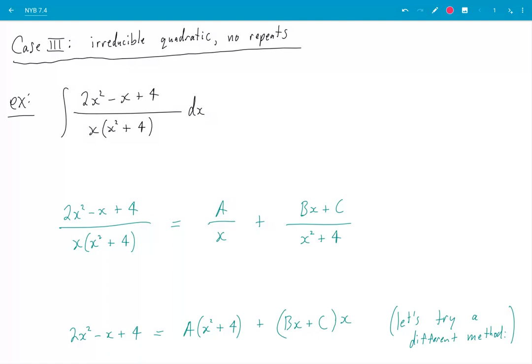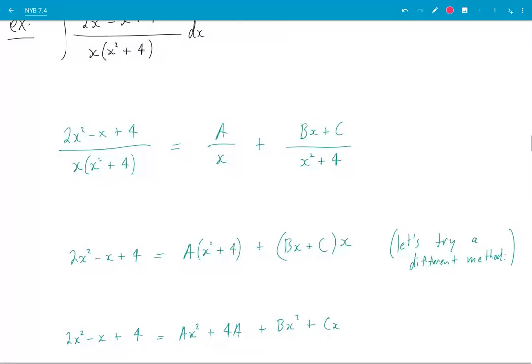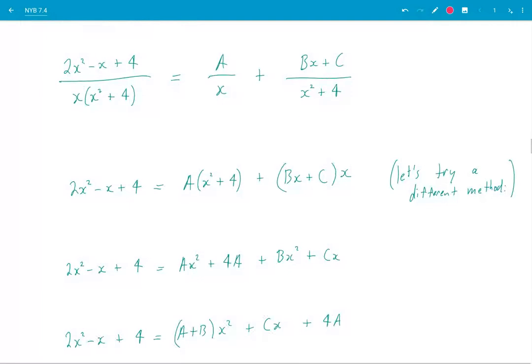Okay, so once I come to my bottom line here, I'm going to do a different method just to give you some options. So what I'll do is expand the right-hand side and collect like terms. So I'm not going to belabor this too much. I'll do it in 2 steps. So I collect all my x squared terms together, all my x terms together, and my constant terms together.